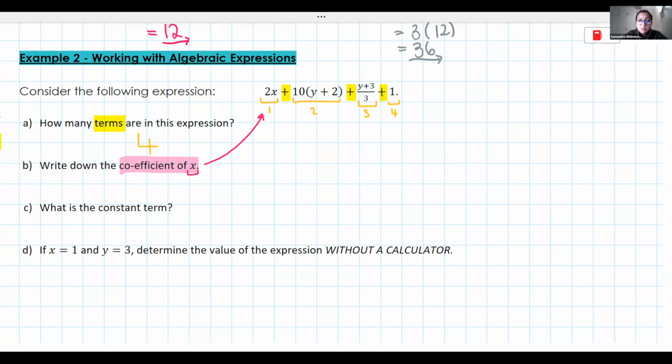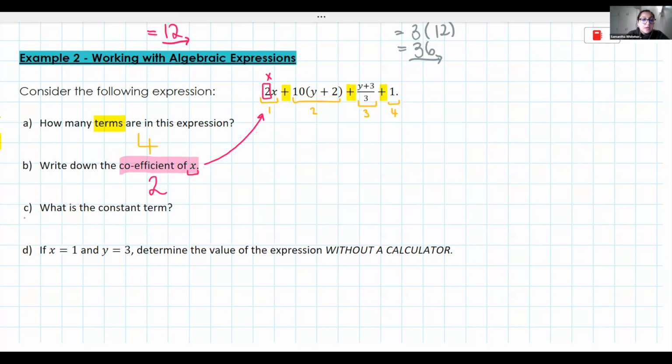All the other terms have y in them, so I don't need to worry about those. I now need to look at what number is in front of x. That is the number 2. So my coefficient of x here is 2. I am timesing 2 and x. That is the operation between coefficient and variable. It's a weird looking 2, but we're going to roll with it.